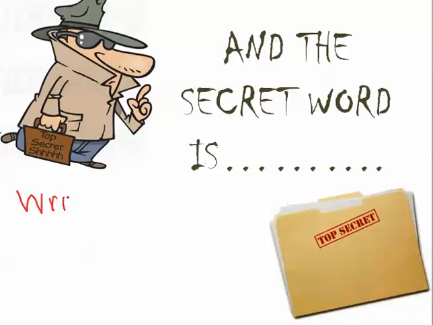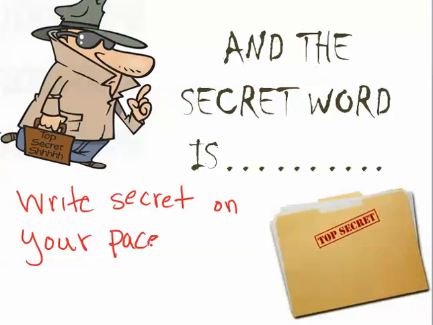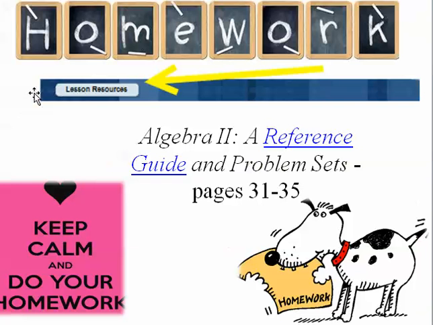You write secret word on your pace chart. Why? Because if I ask you if you've seen the video, you're going to have to give me the secret word. And if you don't give me the correct secret word, then I'm going to make you go back and watch the video.